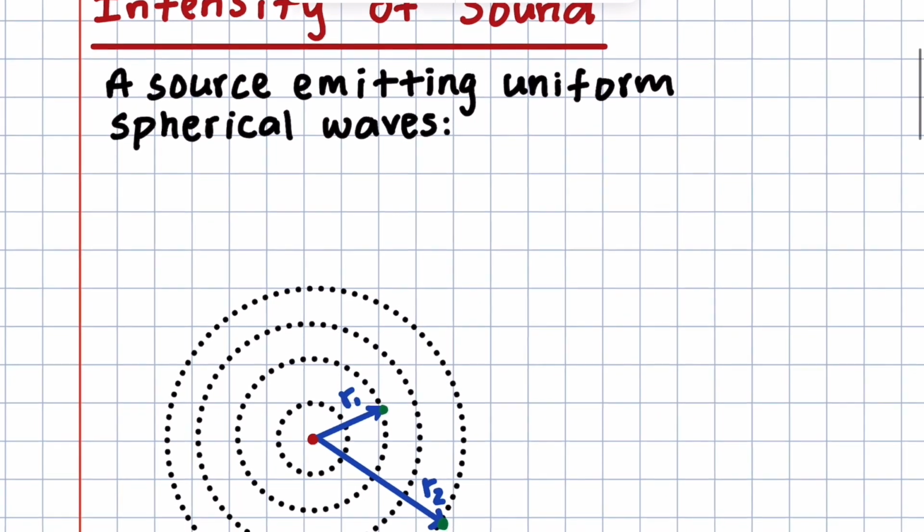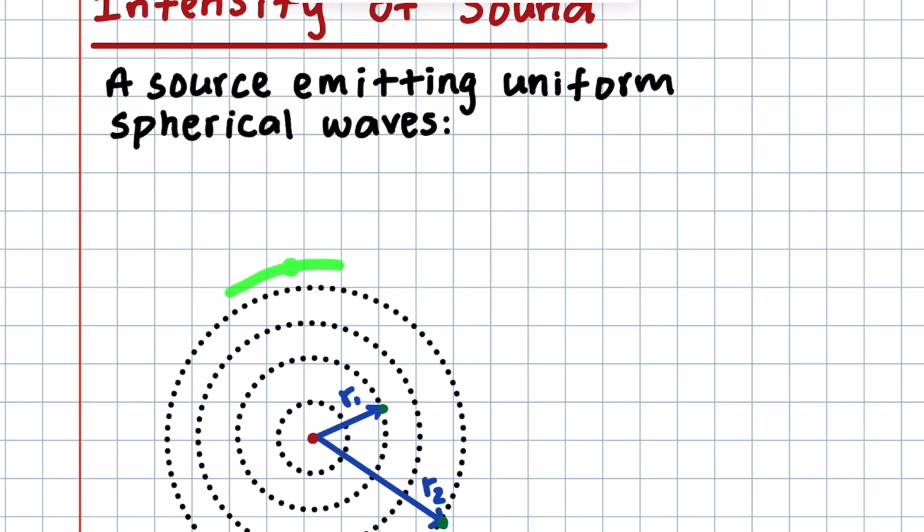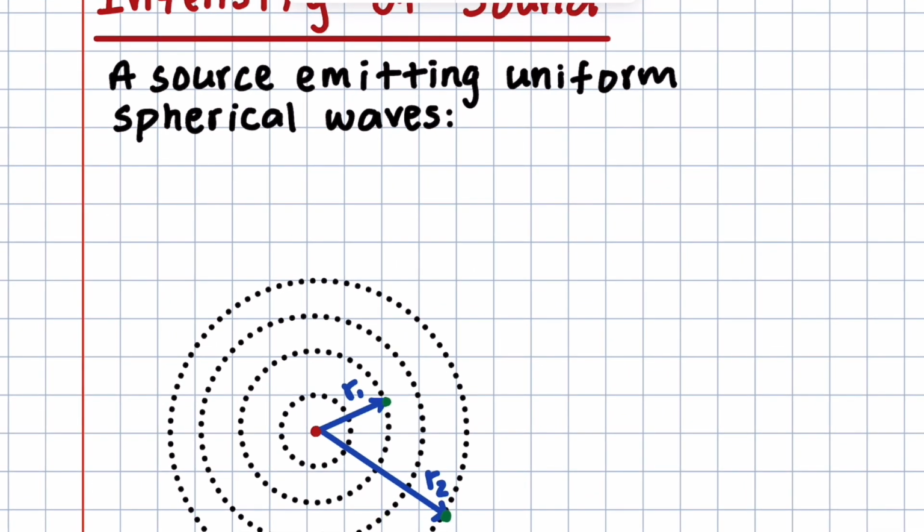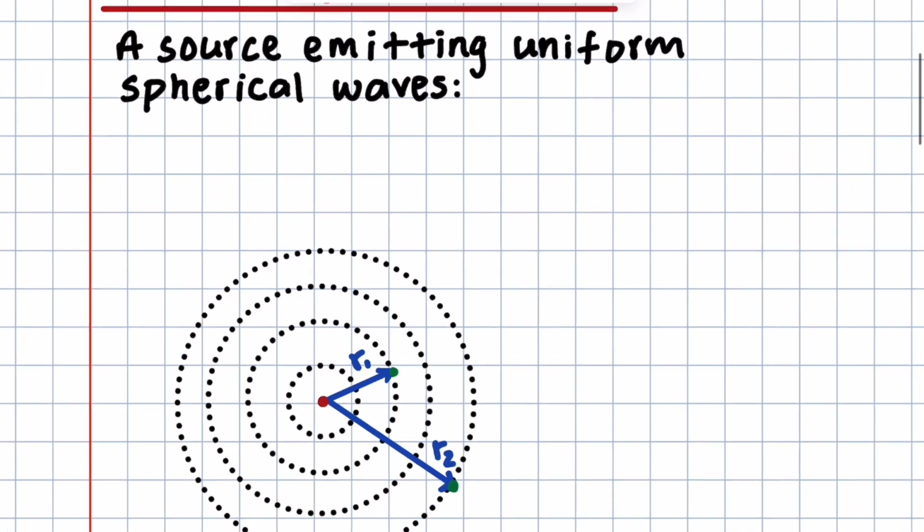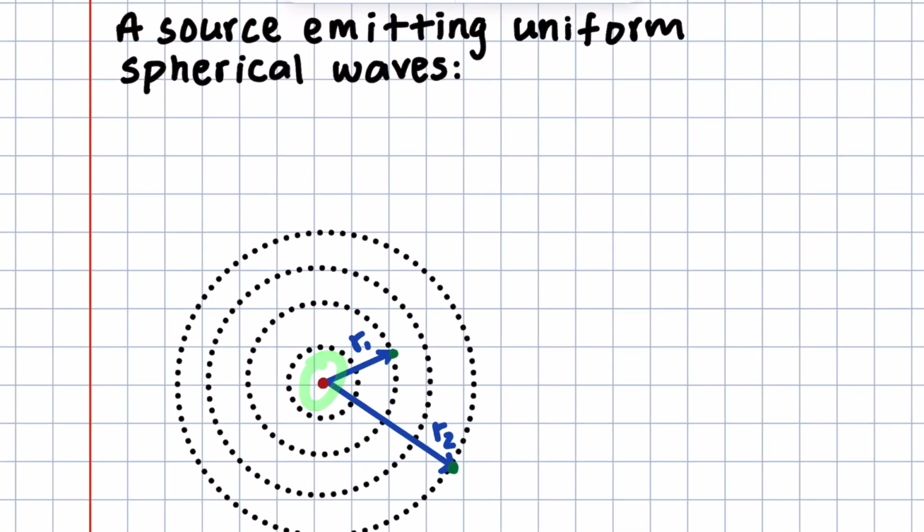So he had a diagram like this on the board, and this is a source emitting uniform spherical waves. This could be a speaker, it could be anything that emits sound, okay?